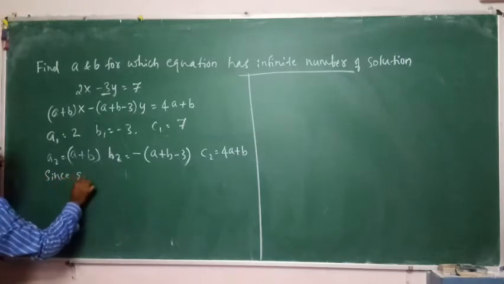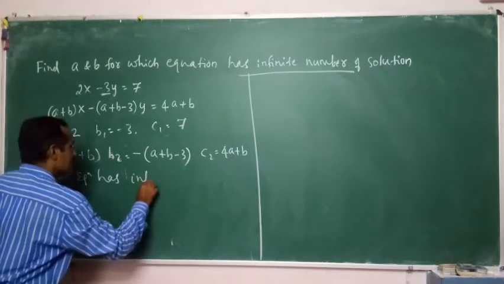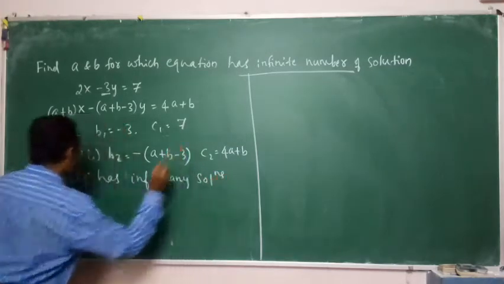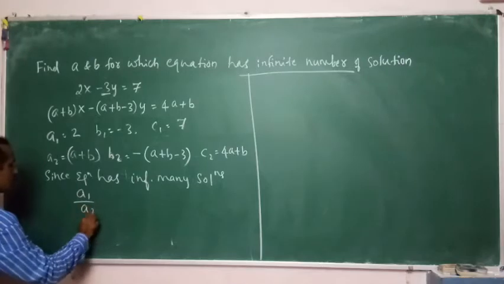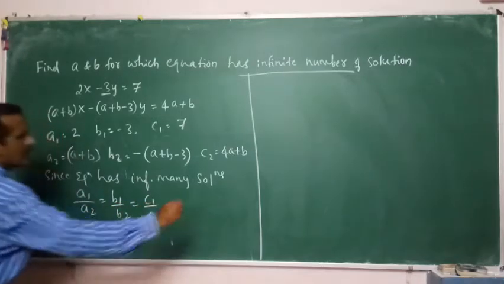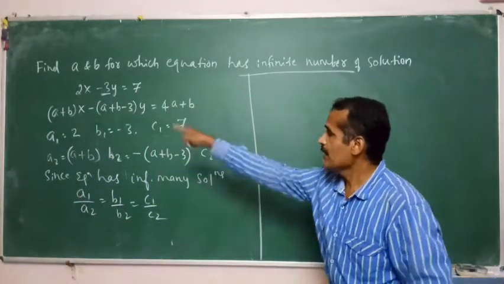Since the equation has infinitely many solutions, the condition is A1 by A2 equals B1 by B2 equals C1 by C2. Let us substitute the values.